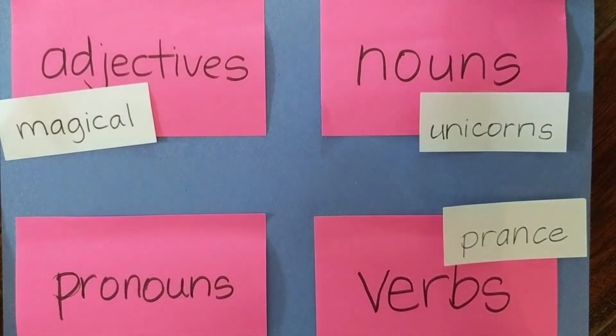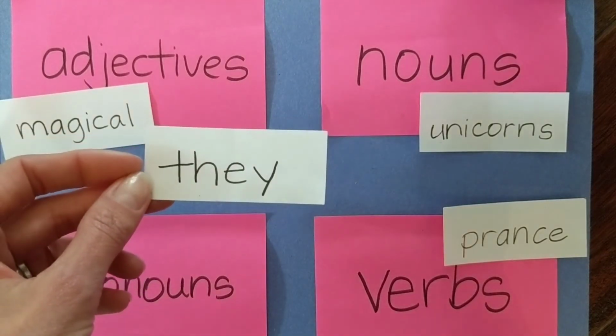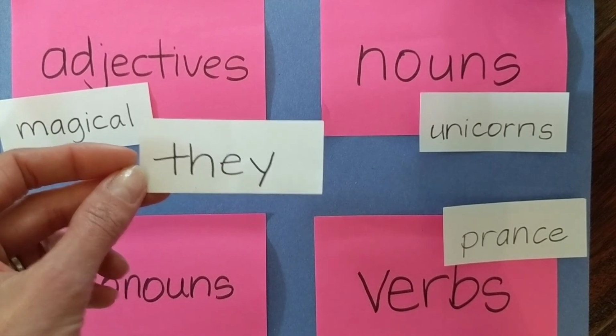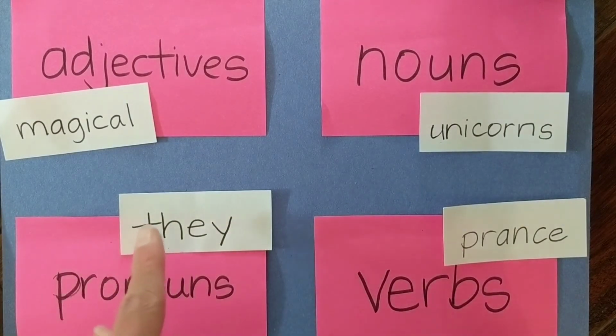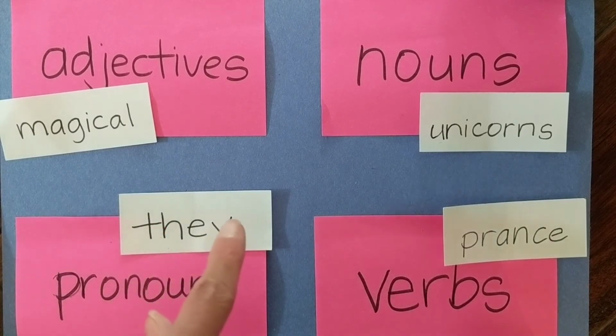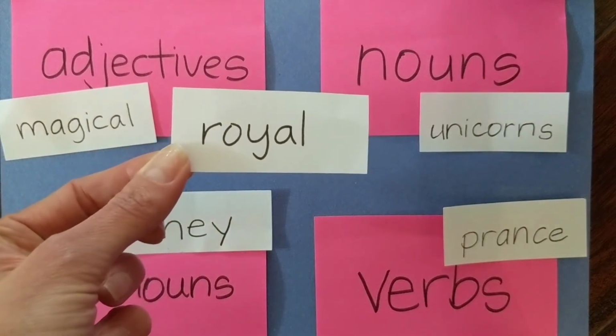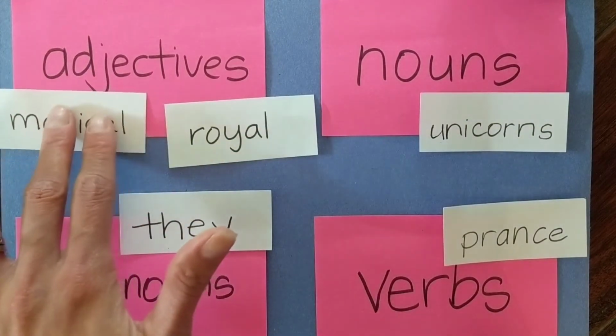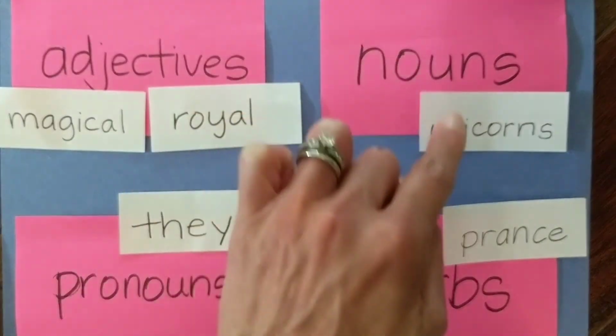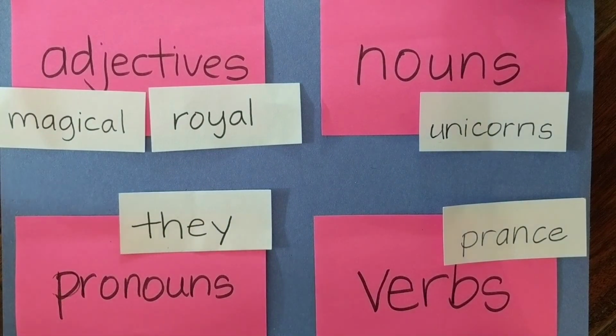And what about they? What part of speech? They is a pronoun because it is used to replace a noun. In our case, it was used to replace unicorns. And what about royal? Royal is also an adjective because it was used to describe a noun, unicorns as well.